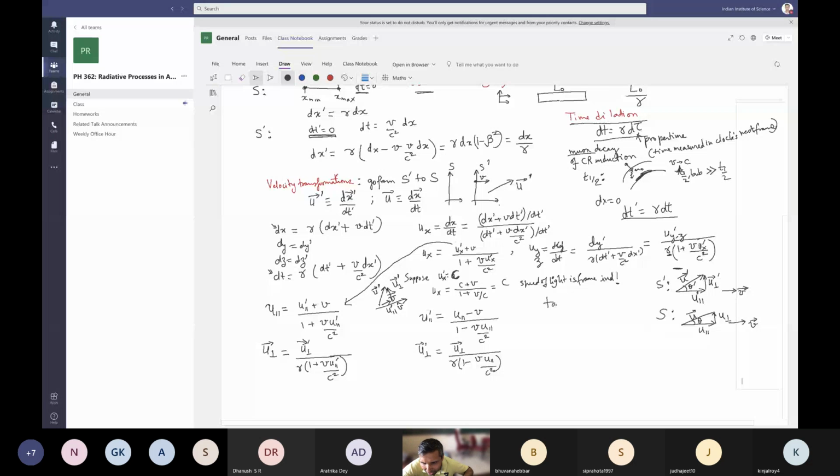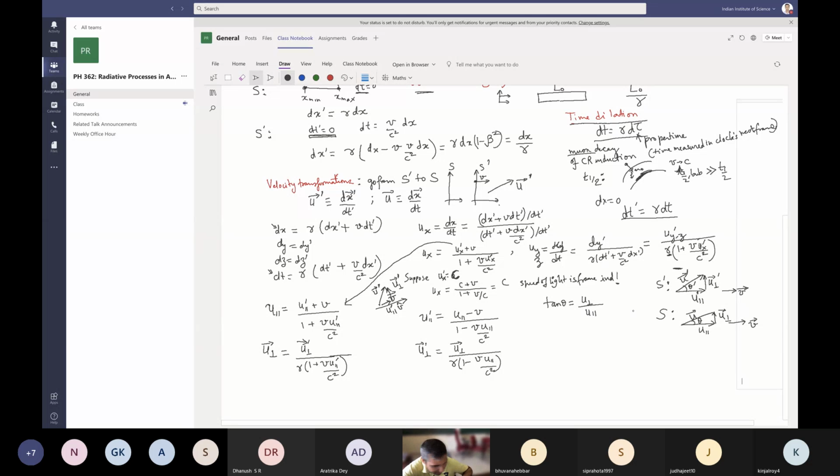When I don't put a vector sign, it is the magnitude of u perp. When I put a vector, I am implying the vector sign, because I am drawing the direction. But tan theta is nothing but u perp divided by u parallel.